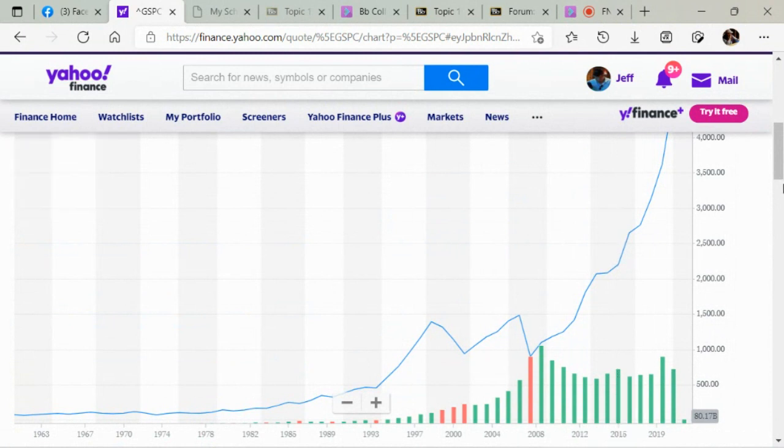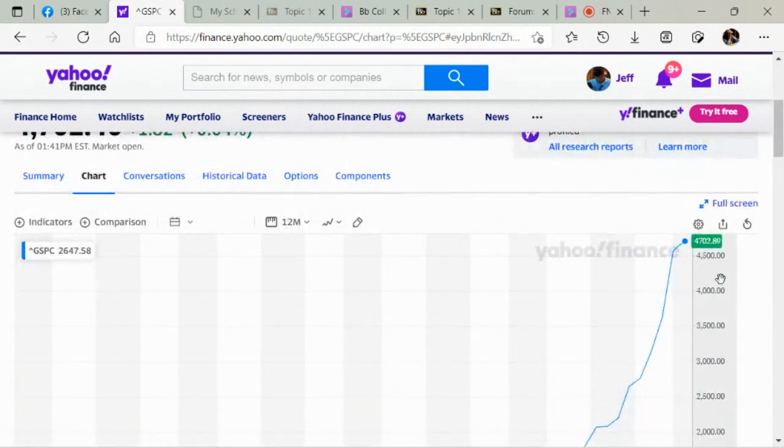So let's say it was about 2,000 level. Now it is 4,700 level. More than doubled, almost tripled. I mean, in net return, almost doubled in net return.